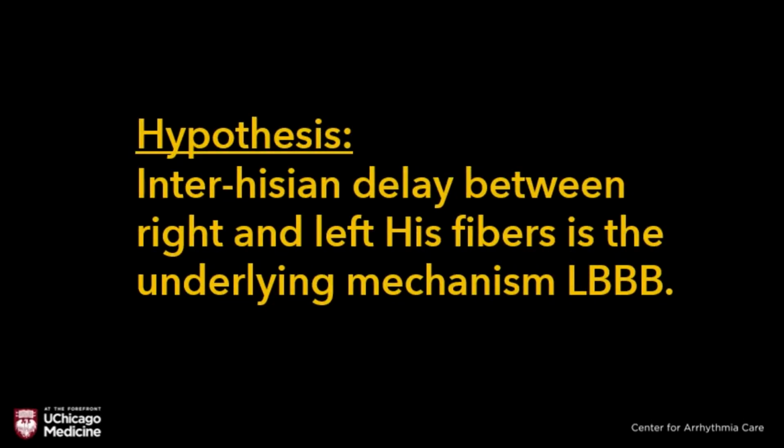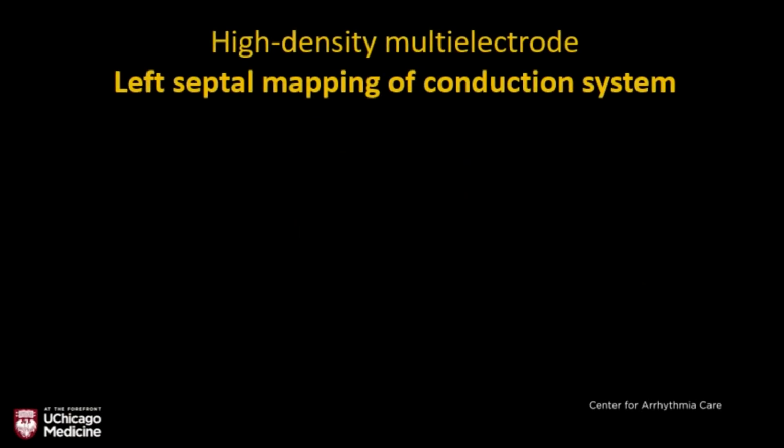We hypothesized that interhisian delay between the right and left His fibers was the underlying mechanism of left bundle branch block. So we felt that perhaps longitudinal dissociation may explain what we see on the surface 12-lead ECG. We explored this with high-density multi-electrode mapping of the left septal conduction system.